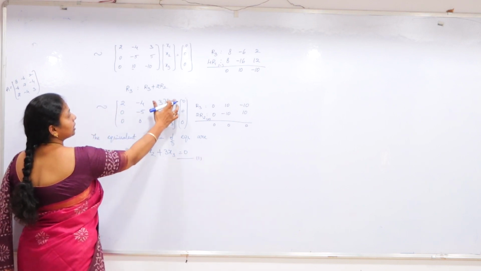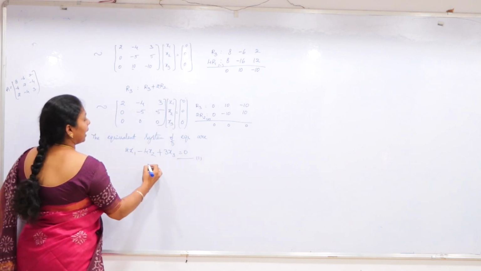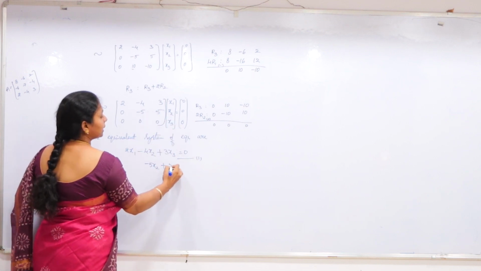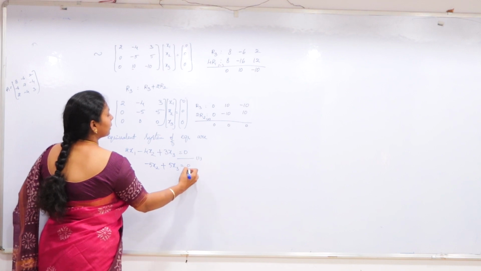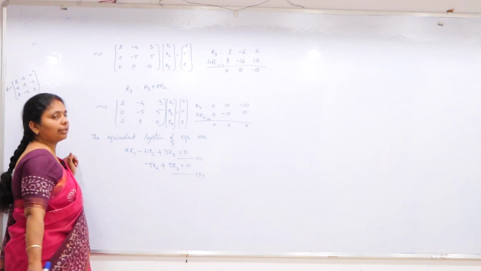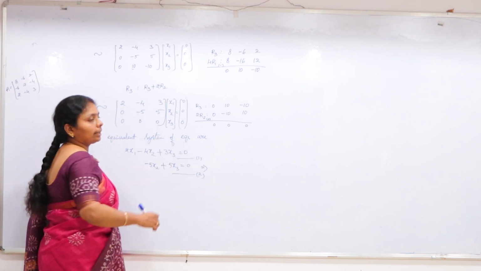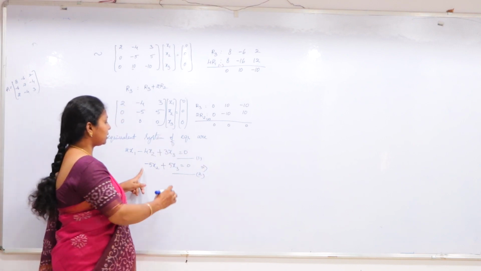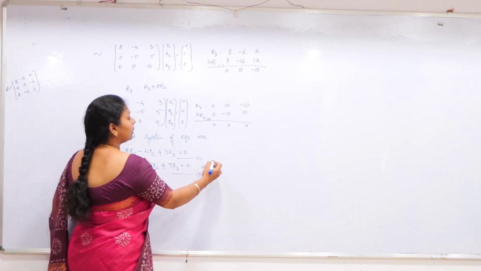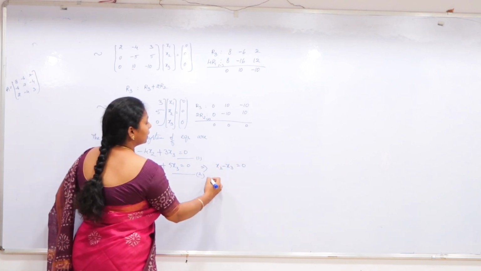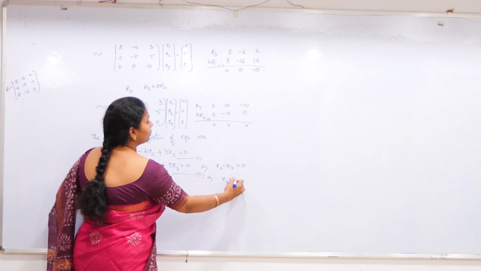Next, second equation: 0 x1 minus 5 x2 plus 5 x3 equal to 0. This is the second equation. The second equation can also be written, by taking common minus 5, as minus 5 times (x2 minus x3) equal to 0. This implies x2 equal to x3.